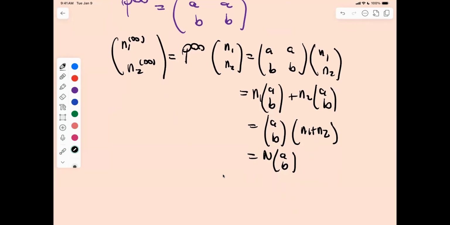So here N was the total number of customers, with or without a cell phone. So that means that at infinity, right?